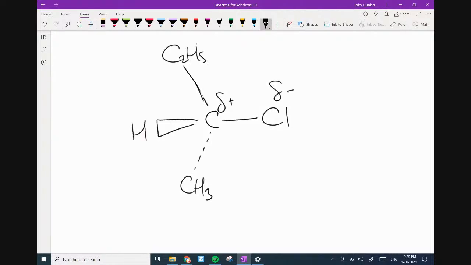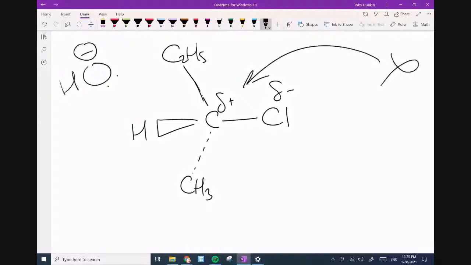What we realize is the nucleophile attack in reality is not going to come in from this direction, because it would be repelled by the slightly negative chlorine. It's going to attack from underneath it.